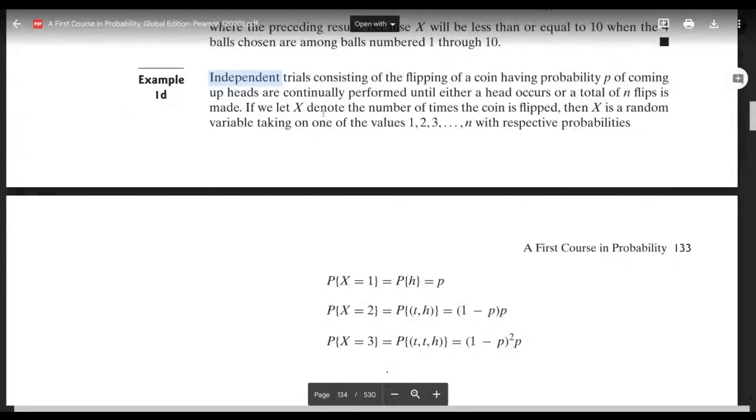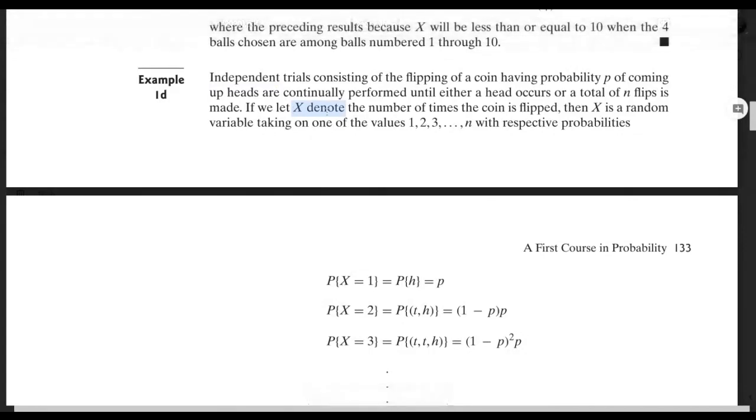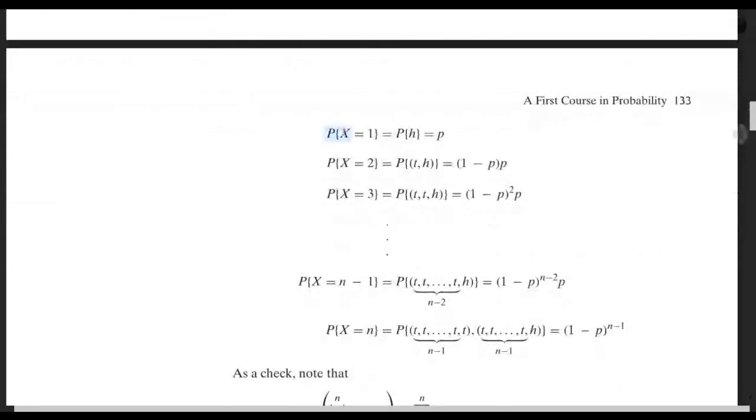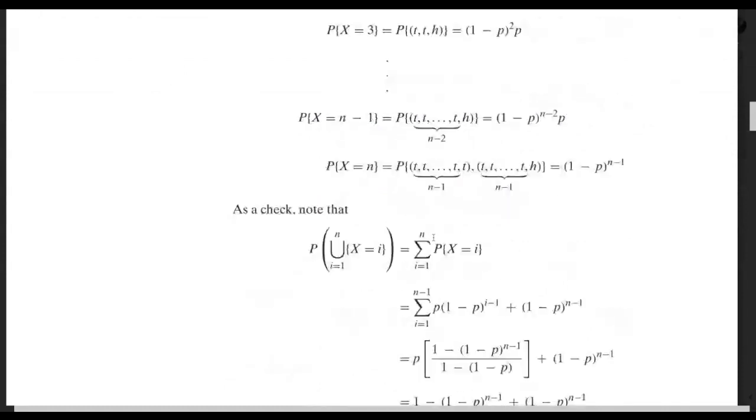If we let X denote the number of times the coin is flipped, then X is a random variable taking on one of the values 1, 2, 3, up to n with respective probabilities: X equals 1, X equals 2, X equals 3, and so on and so forth.